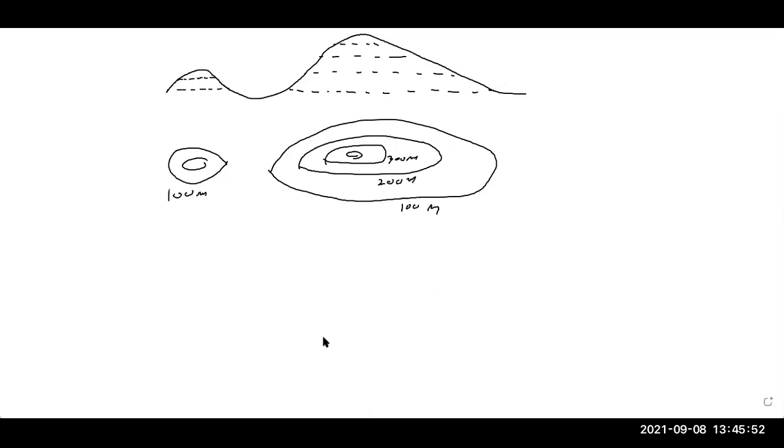And you could do the same thing with electrical potentials. If you had a bunch of positive charges, the area near them would be at a very high electrical potential.